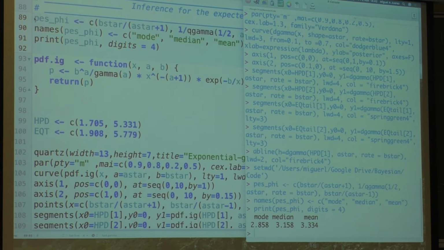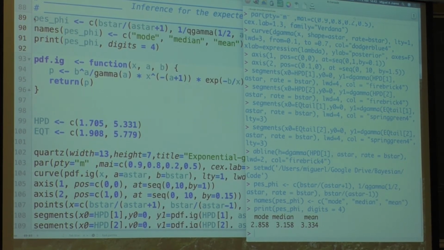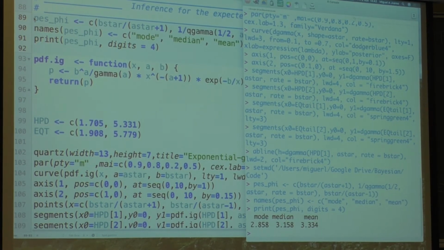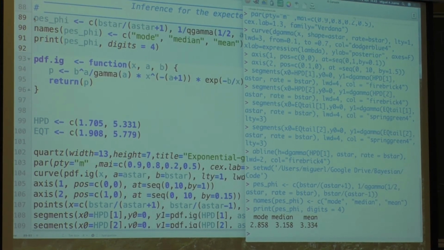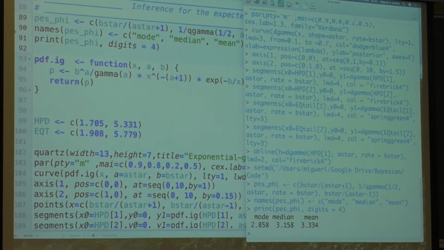Now it's quite clear that the choice of the loss function will affect the final decision. The decision is to close the machine, I believe, if the waiting time is smaller than 3. If you're using only a point estimator, depending on which one you choose, you will make one decision or the other.